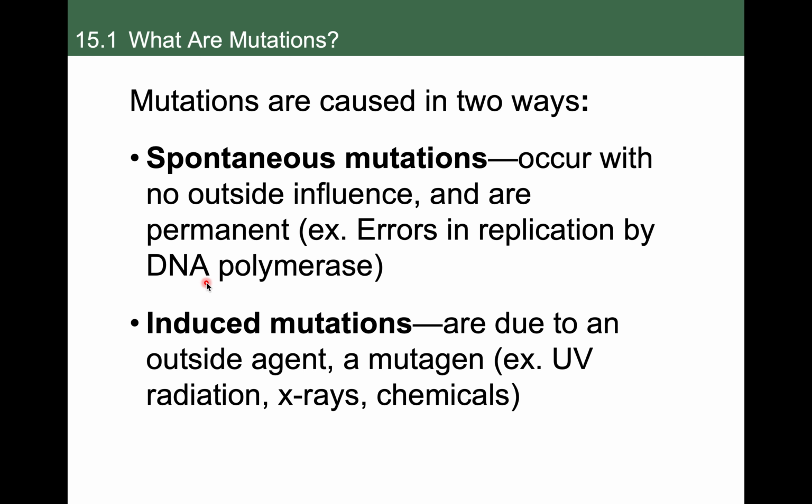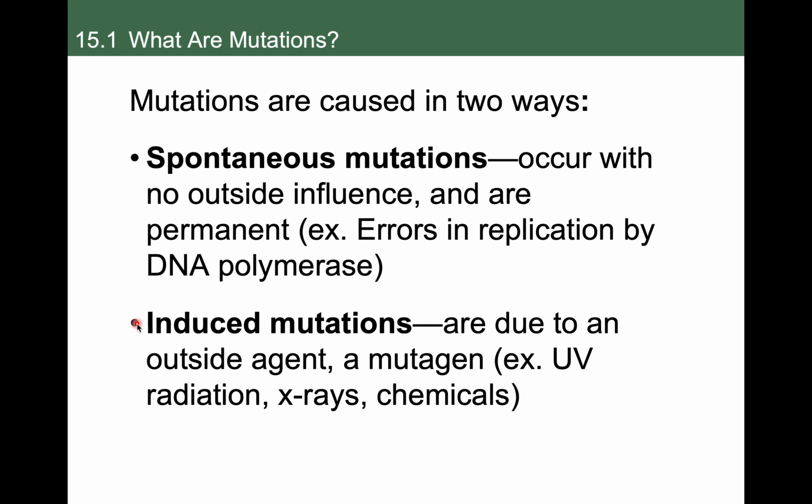So even though DNA polymerase is very accurate, sometimes it does mess up. It will insert an incorrect base, and that would be considered a spontaneous mutation. Or sometimes during cell division, maybe during meiosis, there could be certain mistakes that might happen during the crossing over process, for example, that could lead to mutations as well.